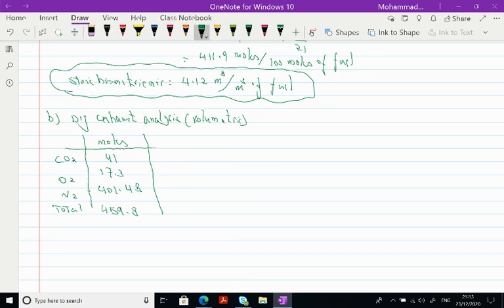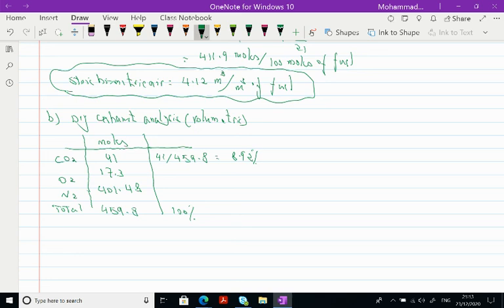Now we can calculate it as a percentage. That means 459.8 as the total we consider as 100%. Then for each element, 41 divided by 459.8, we are going to have 8.92%.